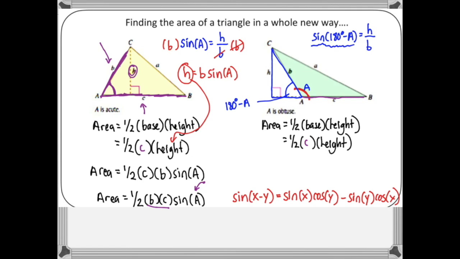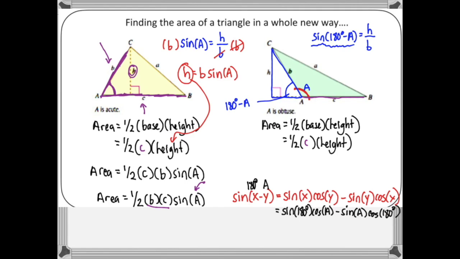Okay, so we have the difference formula for sine that we worked quite a bit with, and if I were to plug 180 in for x and A in for y, I would get the sine of 180 degrees cosine of A minus the sine of A cosine of 180.